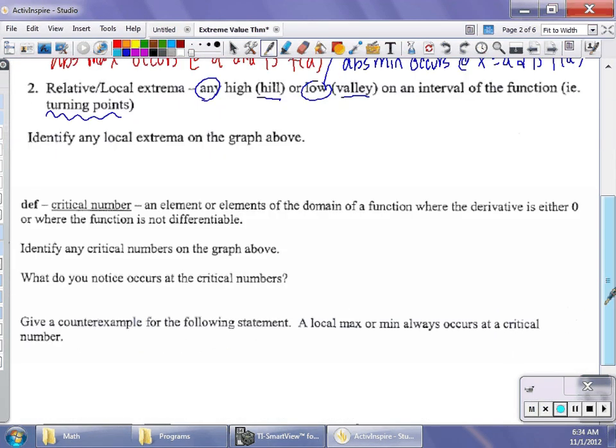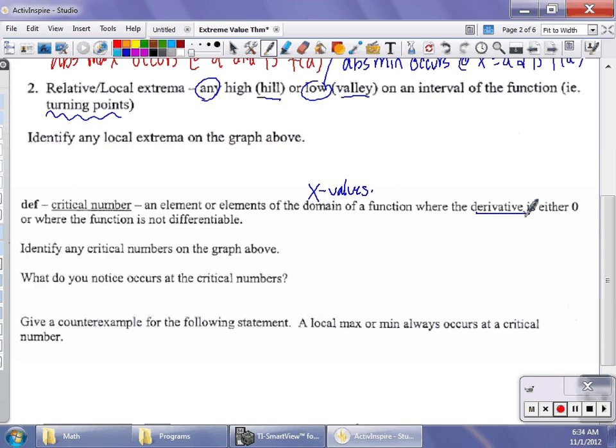All right, another definition that you're going to need here is a critical number. The definition of a critical number is an element or elements of the domain. In other words, they are x values of a function where the derivative is either 0 or is not defined.